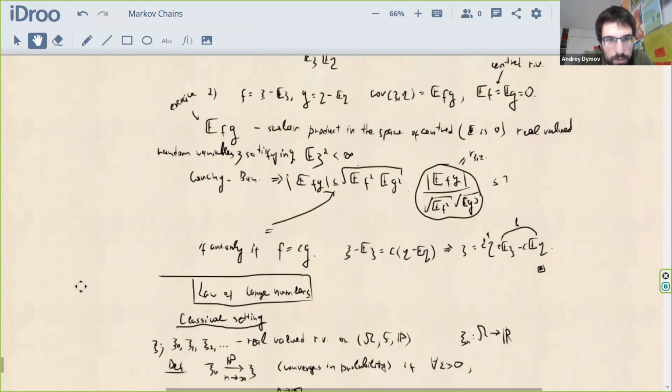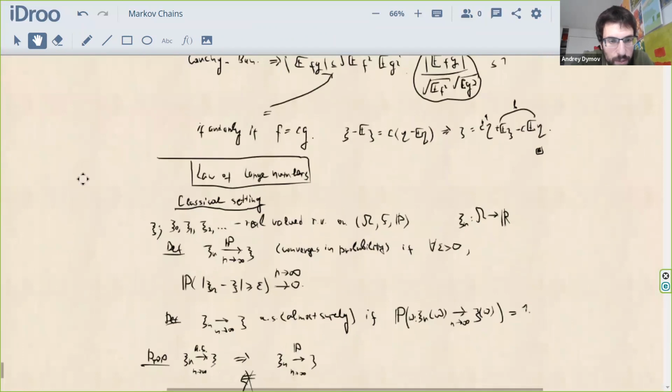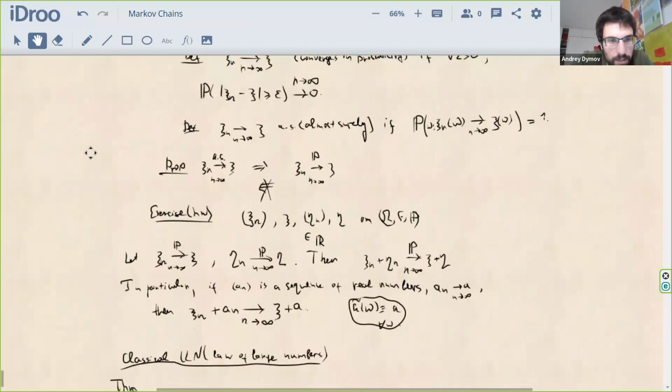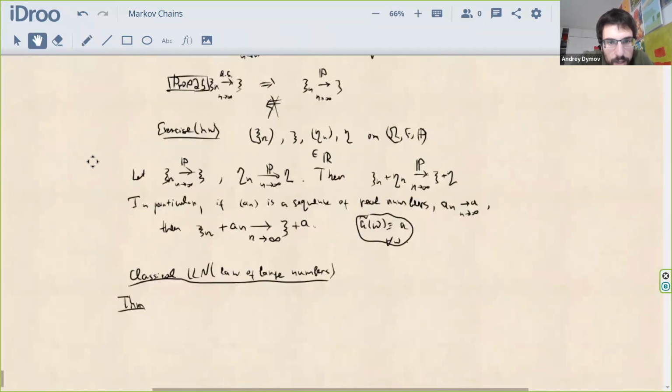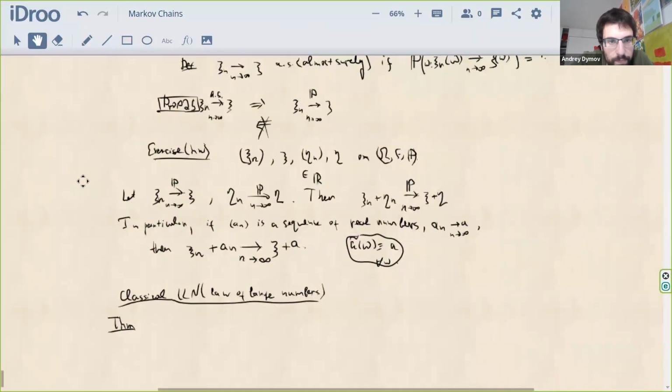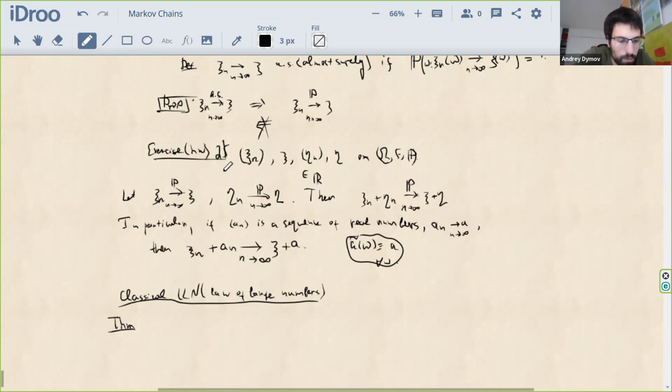So I'll leave all the story about the correlation without numbering. But this exercise will have number 25. Perfect. And the theorem then is theorem number 26.